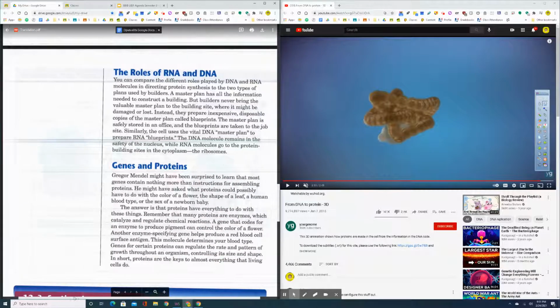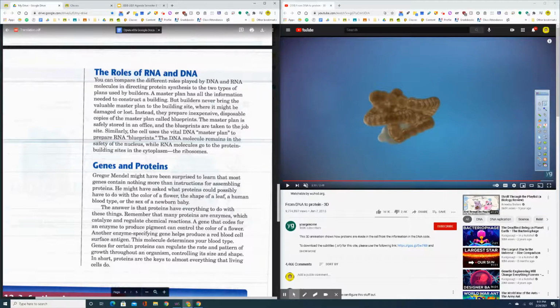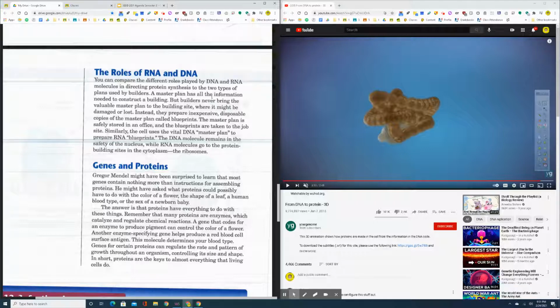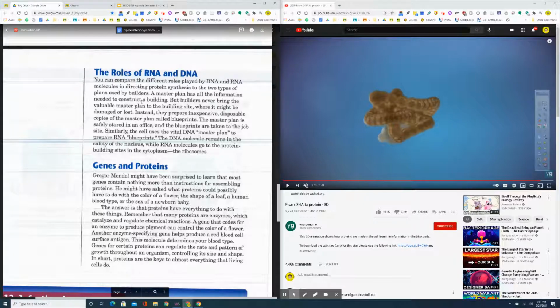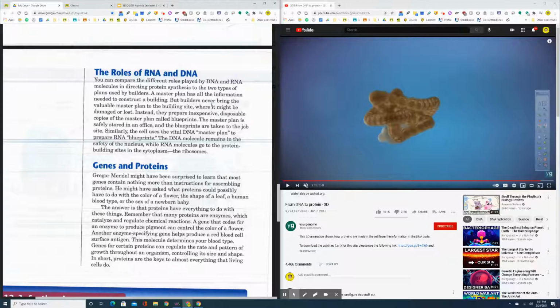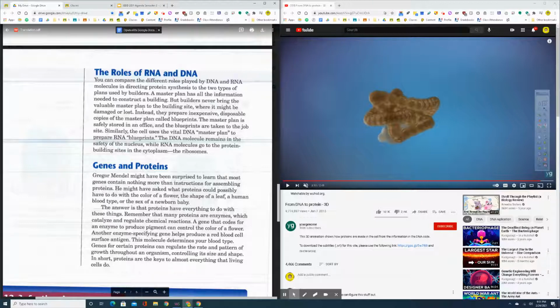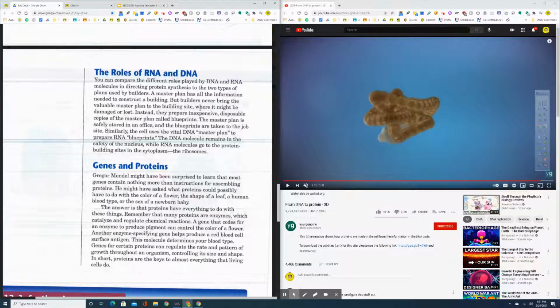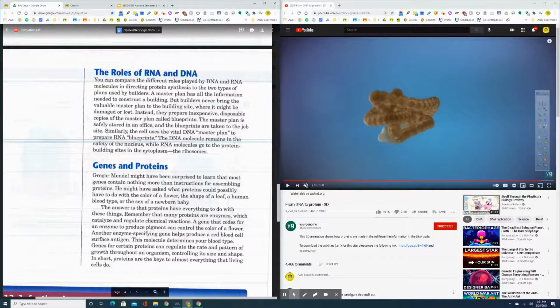Roles of DNA and RNA. You can compare the different roles played by DNA and RNA molecules in directing protein synthesis to the two types of plans used by builders. A master plan has all the information needed to construct a building, but builders never bring valuable master plans to the building site where it might be damaged or lost.